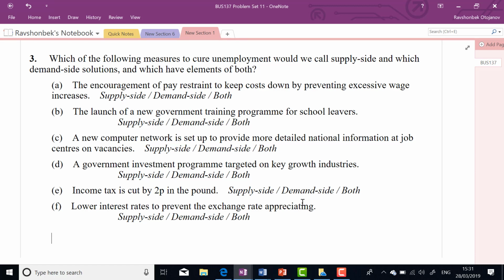Extra capacity. Okay. C. A new computer network is set up to provide more detailed national information at job centers on vacancies. Supply, supply. Why is it so? Because you supply people with a network of computers that can provide information about jobs and vacancies.